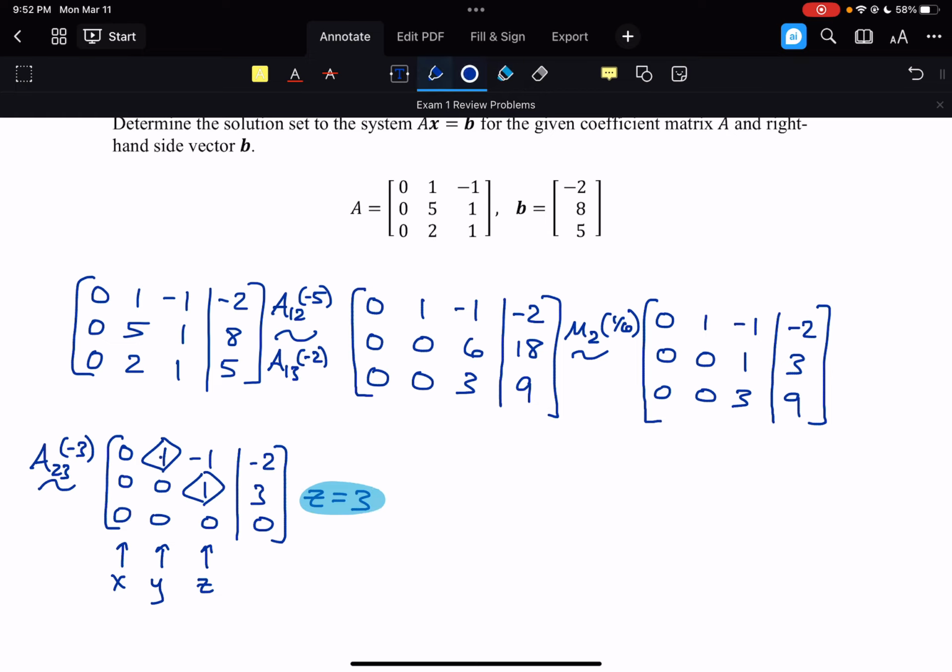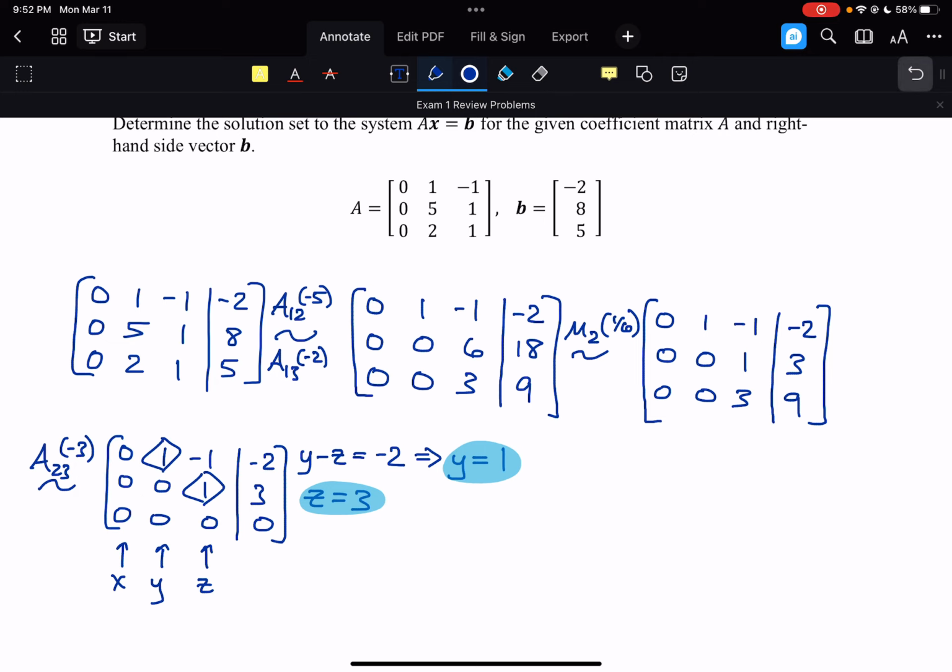This row is now telling us y - z = -2. And since z is 3, that gets subbed in here, add that over, and we have y is 1. The first column, however, corresponding to this x value, doesn't have any value listed. It's an all zero column.